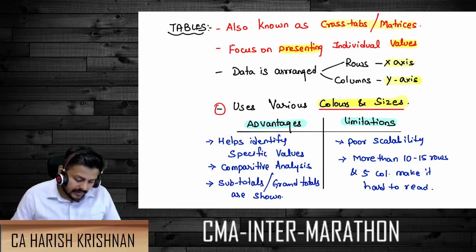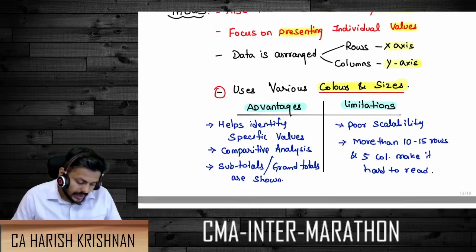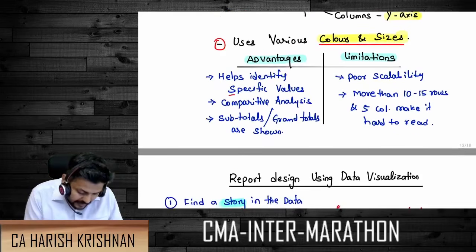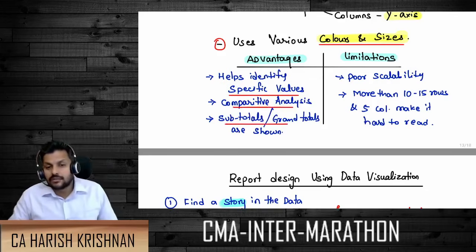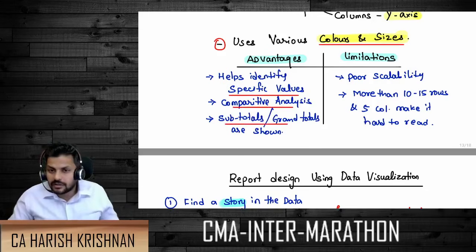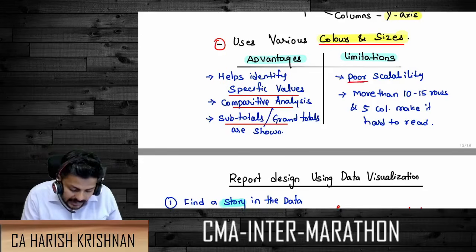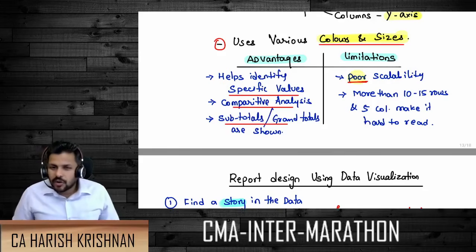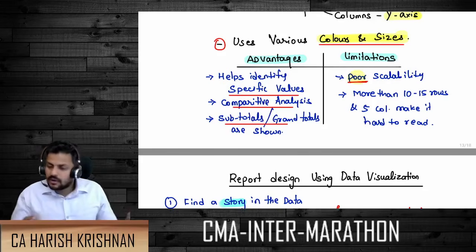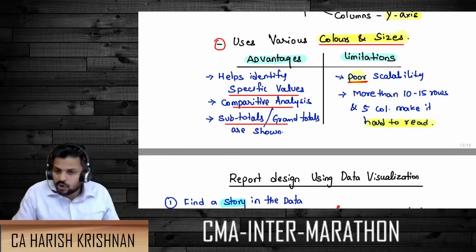If you see what the advantages or limitations are, it helps you to identify specific values. Comparative analysis is possible in tables. Subtotals or grand totals are as usual shown in the tables. But when you want to visualize something big or show something high, the problems are there. Poor scalability, followed by when you have more than 10-15 rows or 5 columns, it makes it very hard to read.